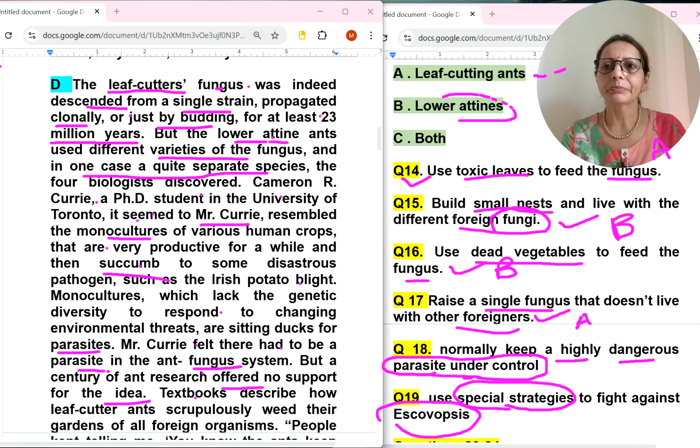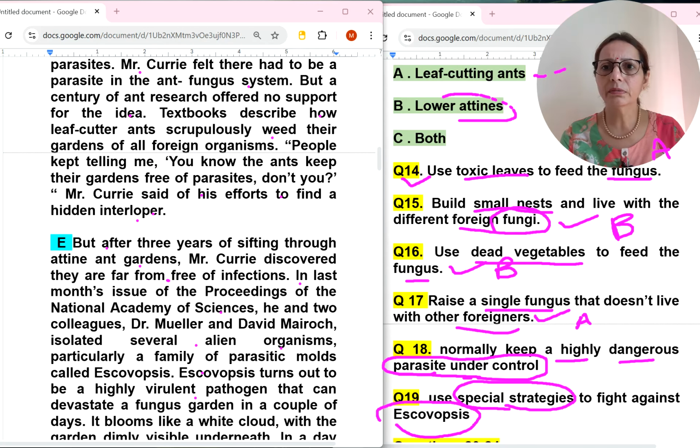Okay, let's move to the next paragraph. The parasite word is there. So is he talking about A or B? This is also not confirmed. So they were talking about Mr. Curie here, and this is also not confirmed whether he is talking about that number.